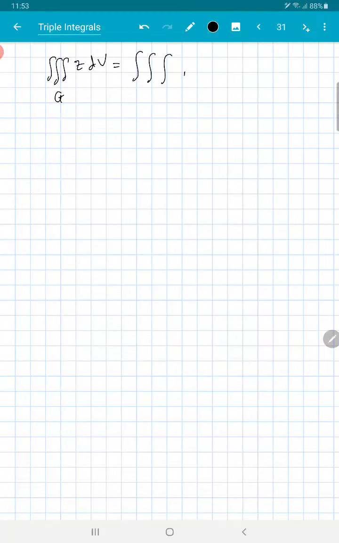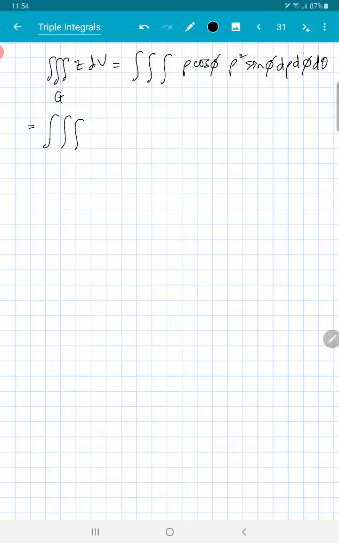So z in spherical is rho cos phi, and dV in spherical is rho squared sine phi d rho d phi d theta. Let's simplify this. Here we have rho cubed cos phi sine phi d rho d phi d theta.